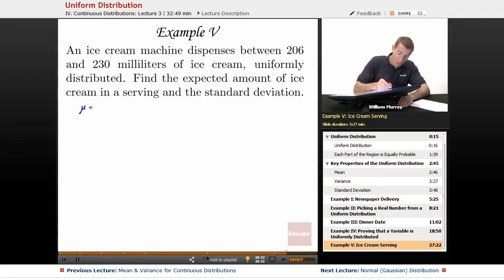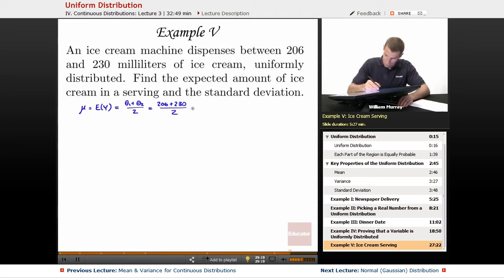The mean, which is always the same as the expected value, remember by definition those are the same thing, for the uniform distribution is theta 1 plus theta 2 divided by 2, and the theta 1 and theta 2 are the ranges of the interval, the endpoints of the interval. So in this case that's 206 plus 230 divided by 2.